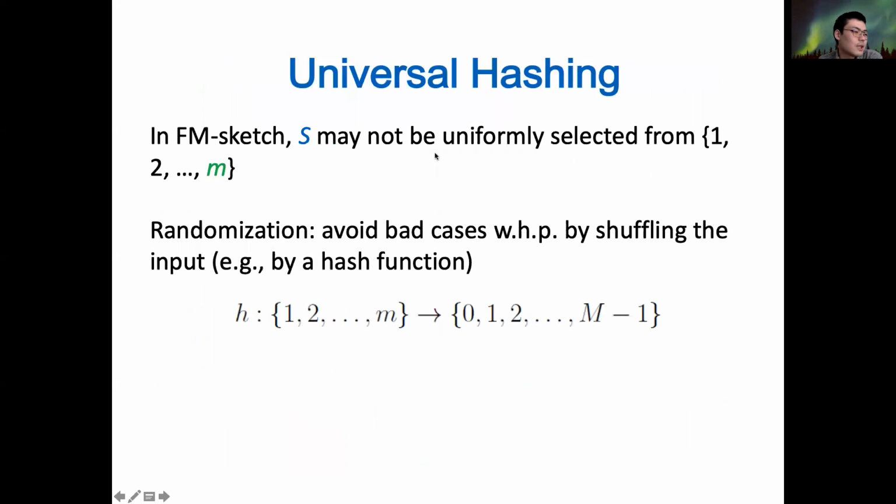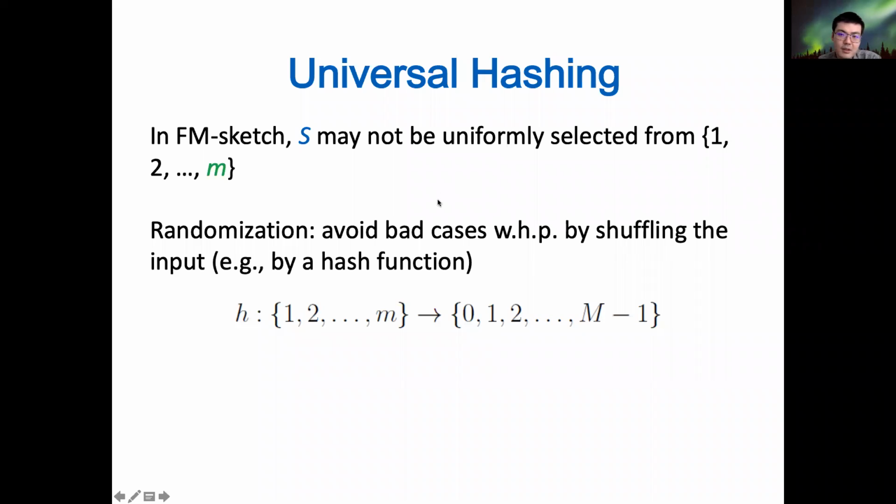So in order to do that, we want to shuffle apple. Apple's original ID is 1, but we randomly shuffle it to be 500,000, something like this. This is called randomization, to avoid bad cases like we discussed earlier. But this cannot be guaranteed always, so we want WHP, which means with high probability, we will avoid the bad case.